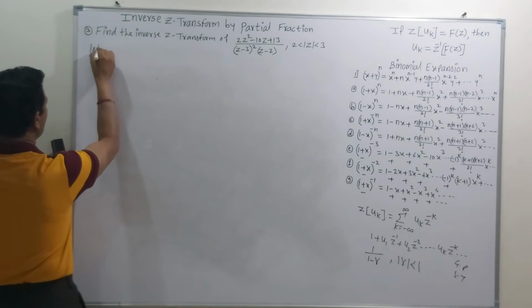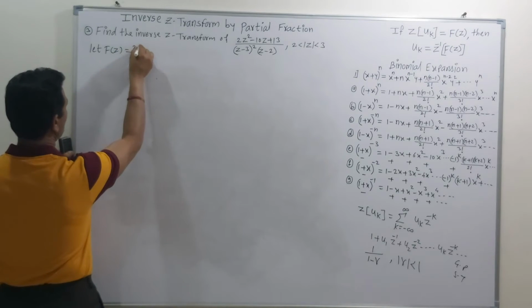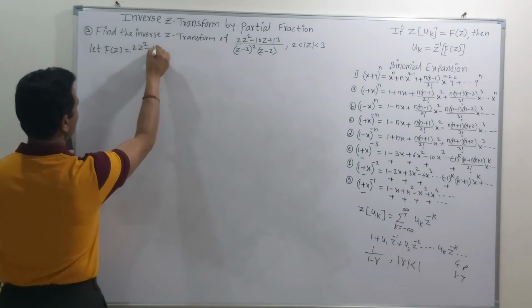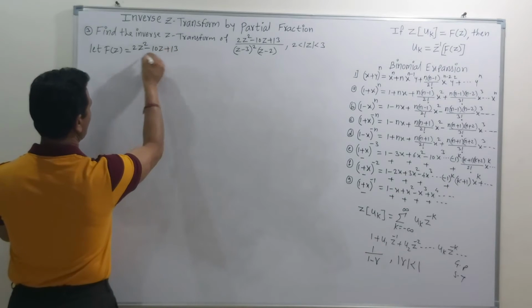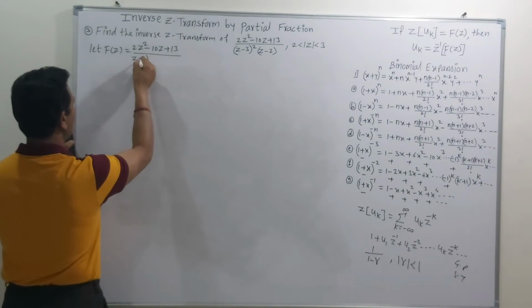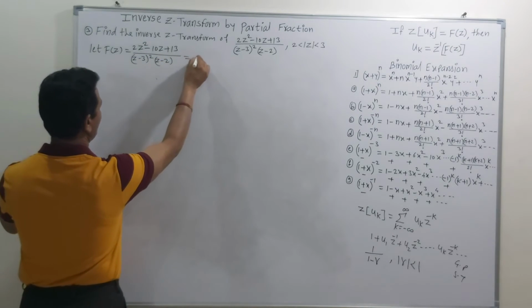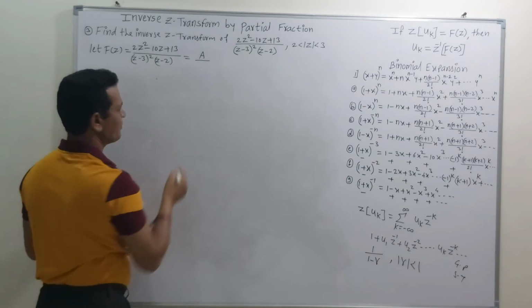For that, let's denote the given function as F(z) = (2z² - 10z + 13) / ((z - 3)²(z - 2)).